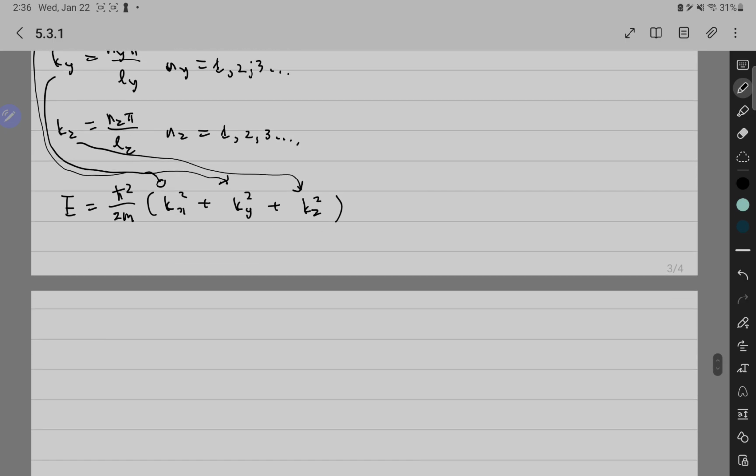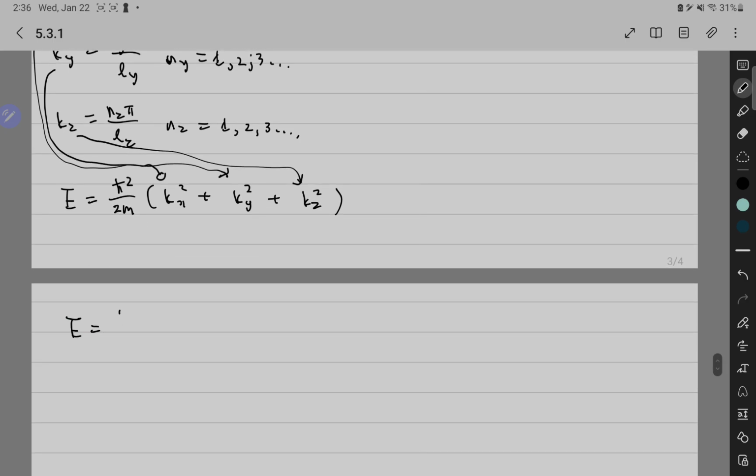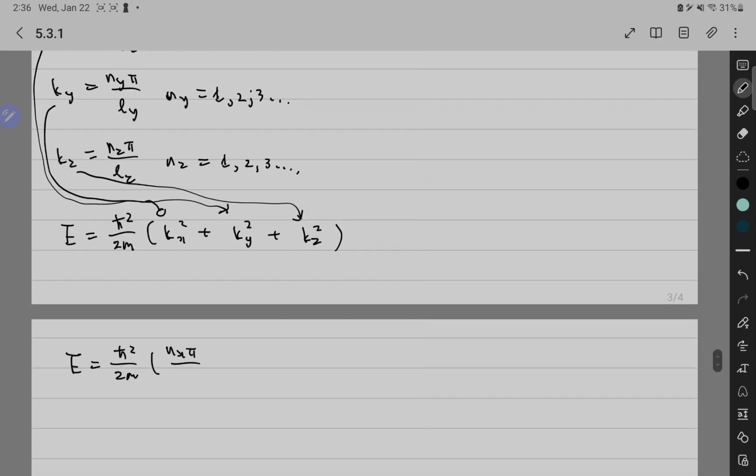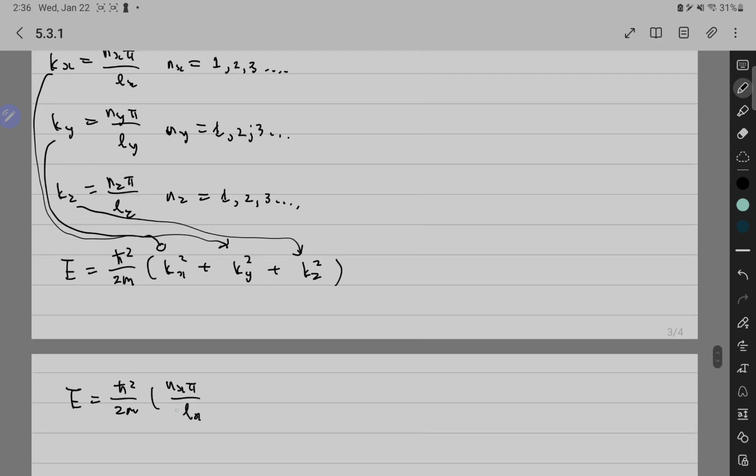So this is going to give us E is equal to h bar squared over 2m times nx pi over lx, and remember, this is all squared, so don't forget about that part, plus ny pi over ly squared plus nz pi over lz squared.